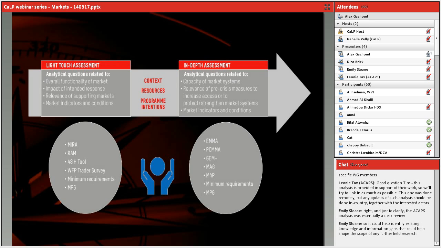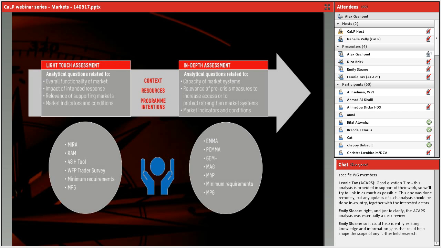What was called PCMMA, but now is called the PCMA, the pre-crisis market analysis, is pretty much an EMMA, but before a crisis happens. Here we also have the gender, enterprise, and market toolkit, what is called GEM+, which can be used in the recovery phase, but this is pretty much a development tool that analyzes value chain.